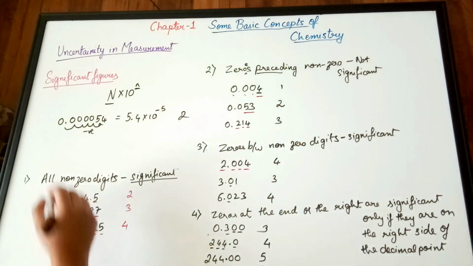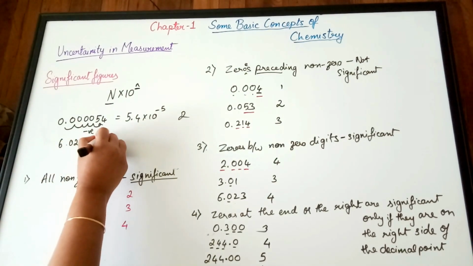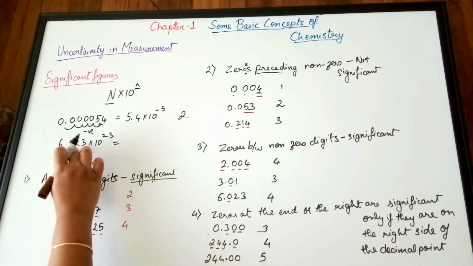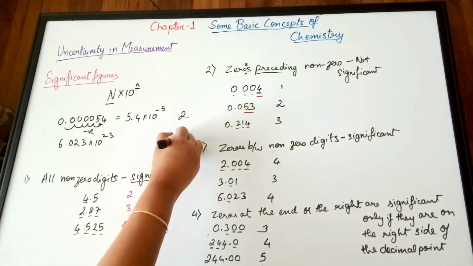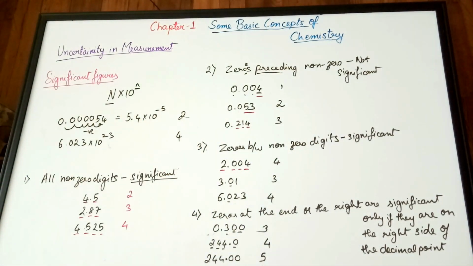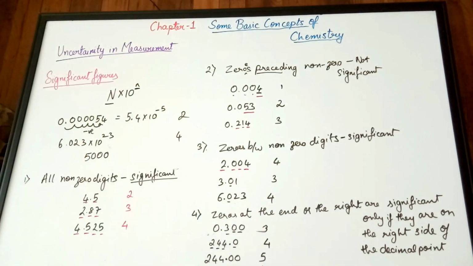On the other hand, our Avogadro number 6.023 into 10 to the power 23 will have 1, 2, 3 and 4 significant figures. Okay, so let's take another example. I have 5,000 as a number and we need to write it in terms of only 3 significant figures.